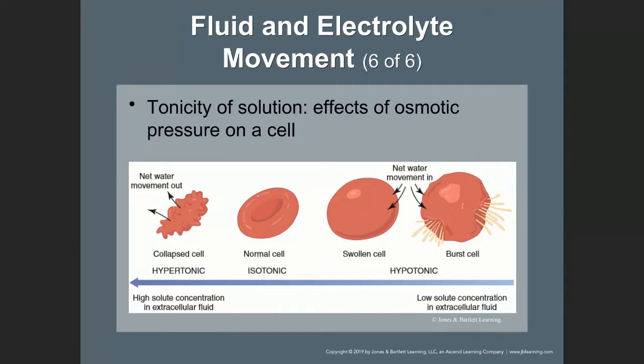A hypotonic solution is a solution in which the cell solute concentration is greater than the concentration of solutes in the fluid. So the cell will now pull water in and the cell can swell and burst. That's a hypotonic solution. Very important slide.